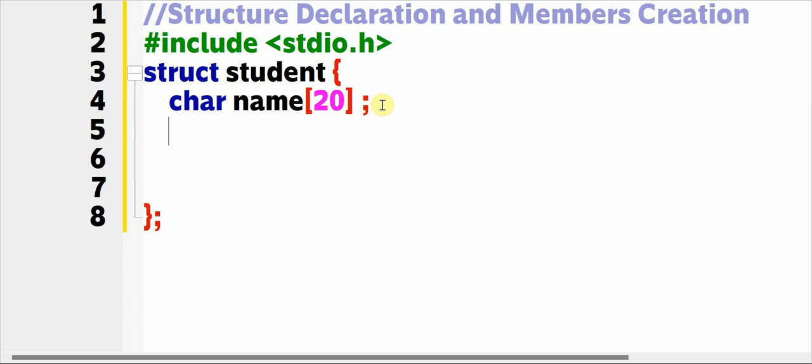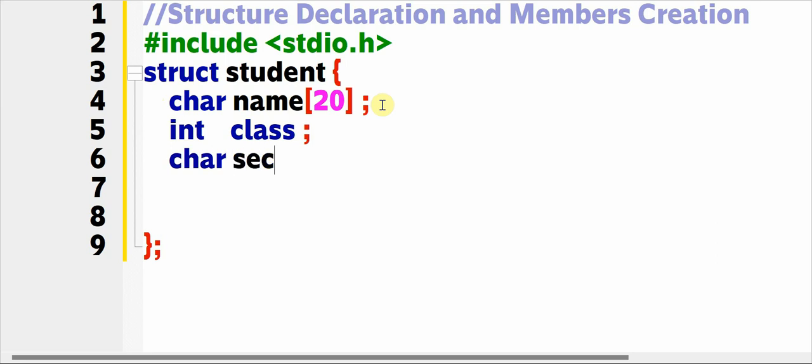Second, I can write the class in which that student is studying, so int class. Next, I can write one character for the section in which that student is studying, so char sec, I am using. And one last float, I can write float marks.